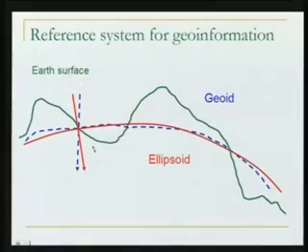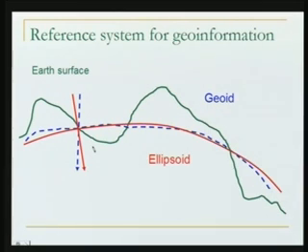Well, we can measure the height, but still we said the geoid is not good enough to measure our x and y because it is not mathematically definable. So, in that case, we have to define another surface, and this surface is called the ellipsoid, which is shown here by the red color. Now, what is this ellipsoid?